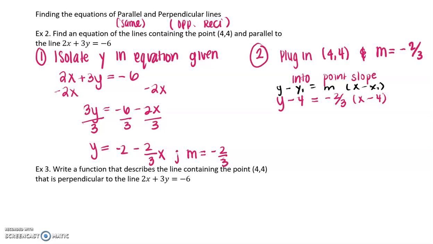Okay, and because most of the time we are writing things in slope-intercept form, we're just going to convert it to that form. So we're going to distribute the -2/3. Negative 2 times negative 4 is going to be plus 8 over 3, and then add the 4 over.